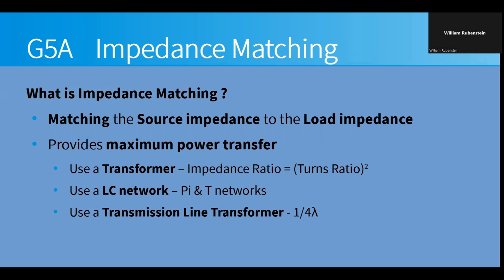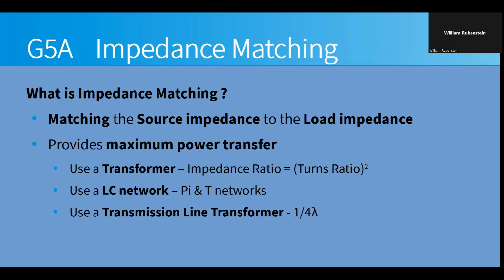Now, this applies to other things besides amateur radio, so it wouldn't have to be a transmitter or an antenna, but the basics still apply. In order to get the maximum power transfer, you want to have the source impedance equal to the load impedance, and that assumes that the connection between them has the same characteristic impedance.